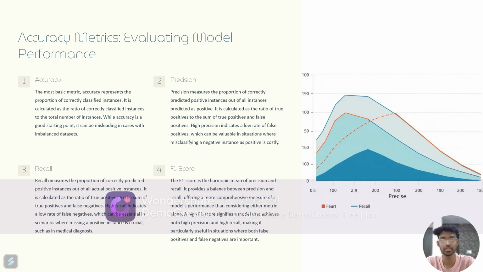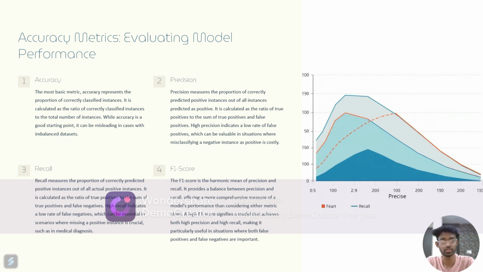Recall measures the proportion of correctly predicted positive instances out of all actual positive instances. It is calculated as the ratio of true positives to the sum of true positives and false negatives. High recall indicates a low rate of false negatives, which can be essential in scenarios where missing a positive instance is crucial, such as in medical diagnosis.